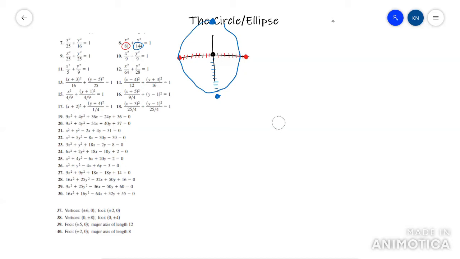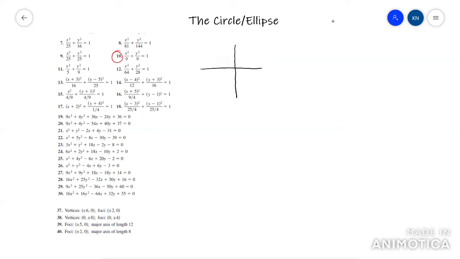So that's a little bit of background. Now let's go ahead and look at some examples. The first one I'm going to look at is number 10. Just looking at this, I know it's a circle because they're both over 9. I know my center is at 0, 0 because there's no shifts next to the x squared or the y squared.